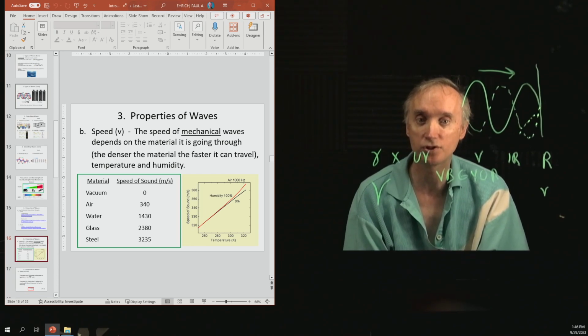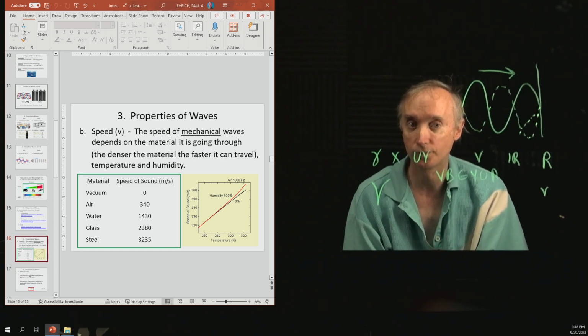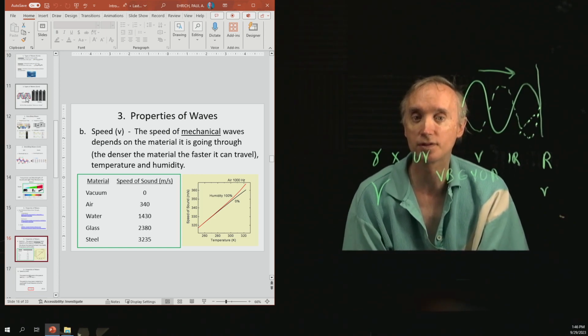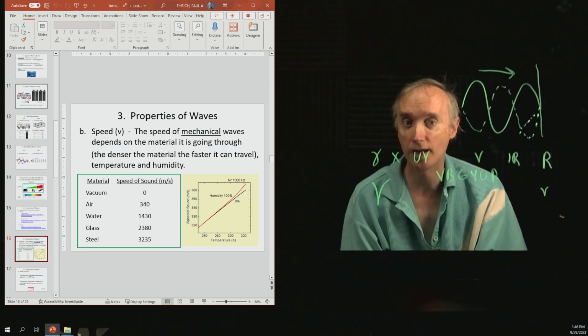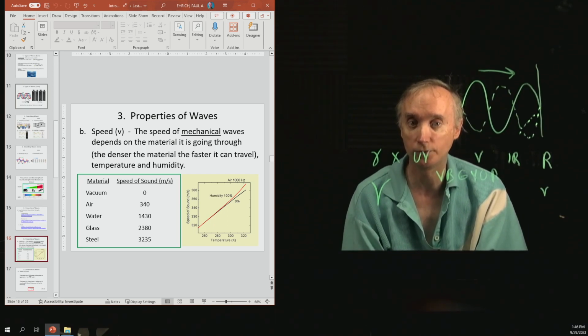But you see that it changes speed in water and glass and steel. Also notice it's going to depend on temperature and humidity. As the temperature goes up, so does the speed of sound. As the humidity goes up, so does the speed of sound.